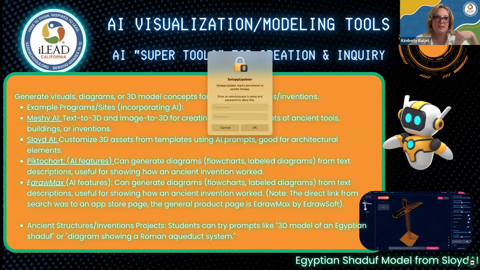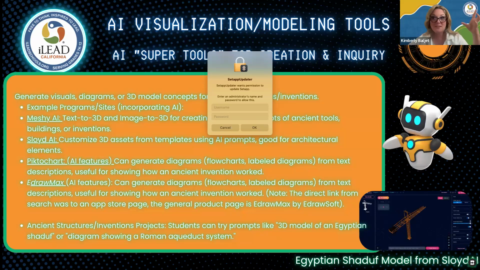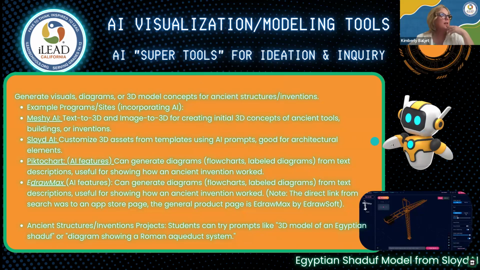So Egyptians, they would pump the water out of their wells for their large civilization areas. So using this model from Sloyd AI, you can design something similar in a 3D AI way. So there's lots of different tools for that.